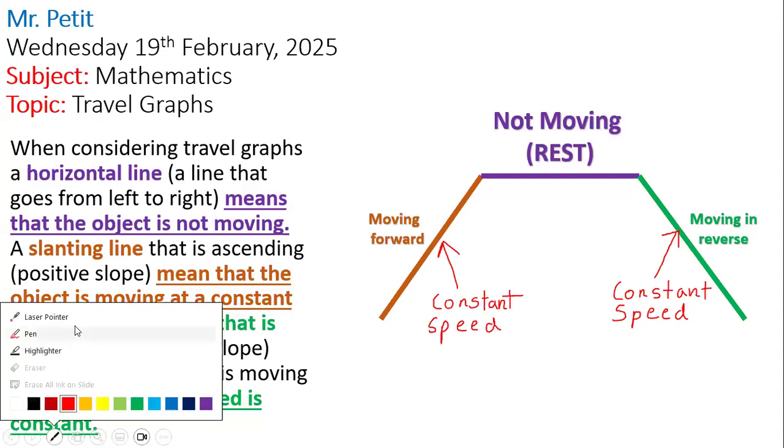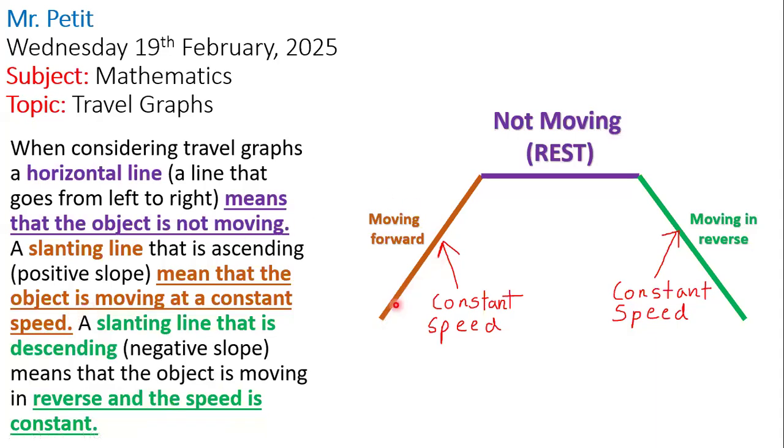When we have a slanting line that has a positive slope, it means that the object is moving forward at a constant speed. When we have a horizontal line, it means that the object is not moving, it's at rest, stationary. And when we have a line that is slanting, but it's descending and has a negative slope, it means that the object is going in reverse.